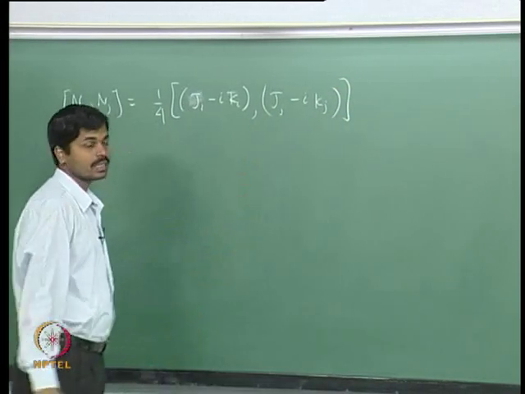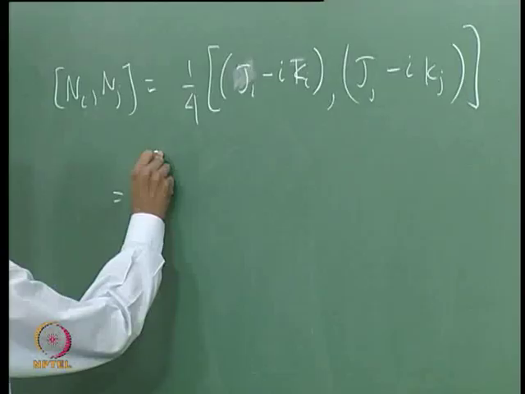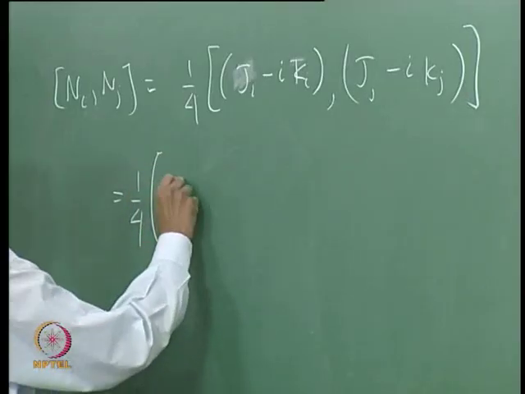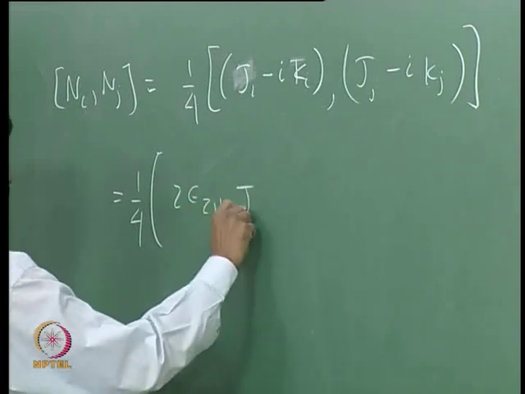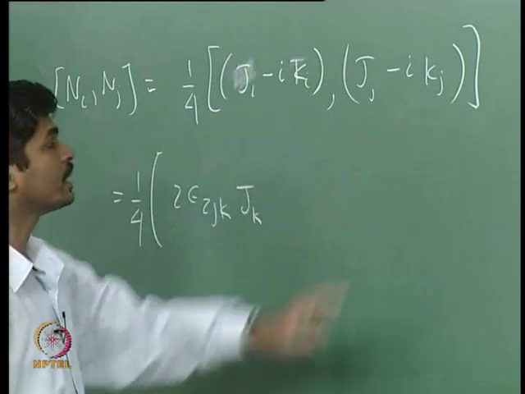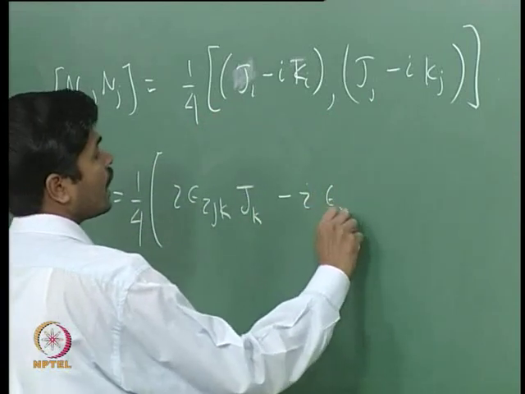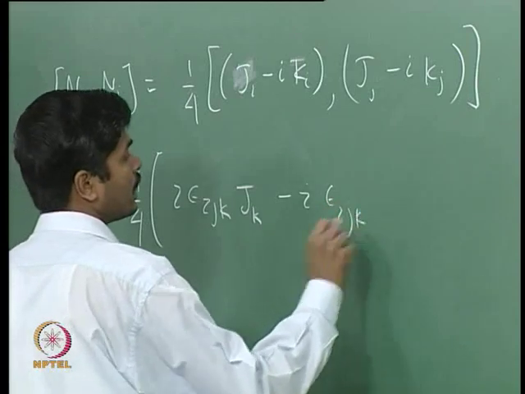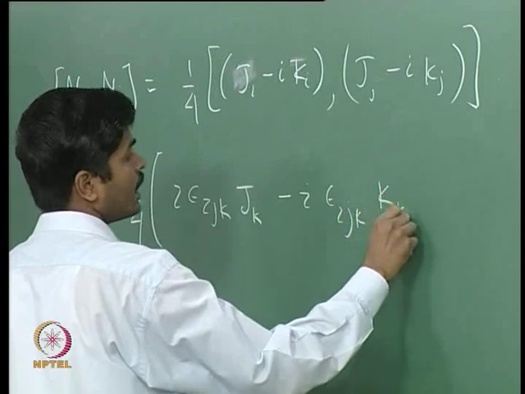The commutator of Ji Jj is nothing but i epsilon ijk Jk, and the second term, the commutator of Ji Kj, is minus i epsilon ijk Kk.